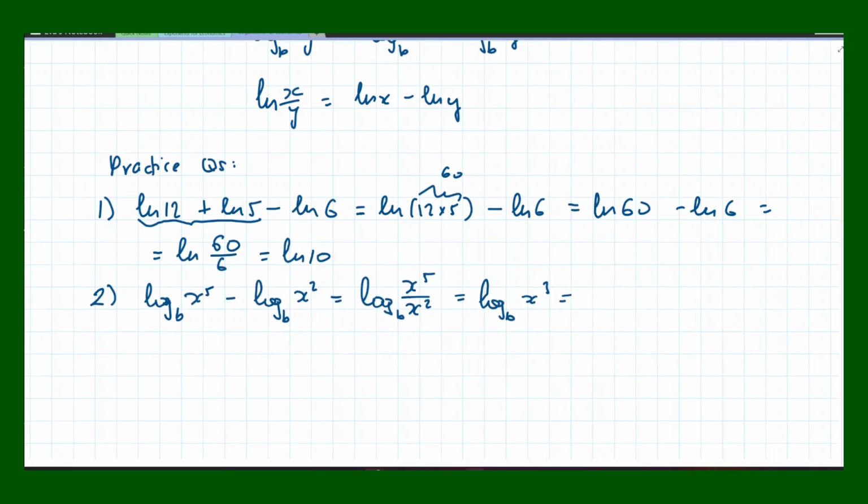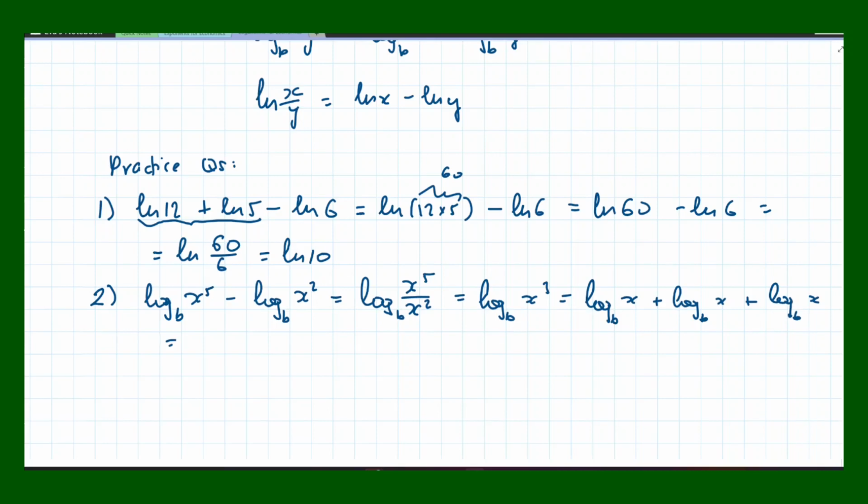But the other thing I know is that x cubed is just x times x times x. So this can be replaced as log base b of x plus log base b of x plus log base b of x. I don't know this value because I don't know the base and I don't know the argument, but I know that I have the same value repeated 3 times.